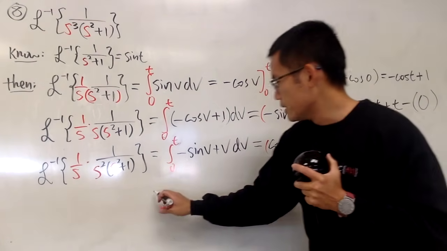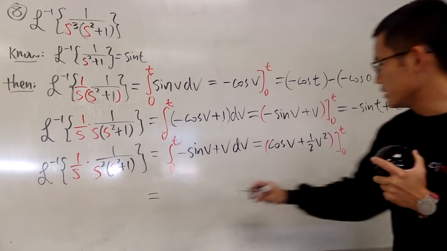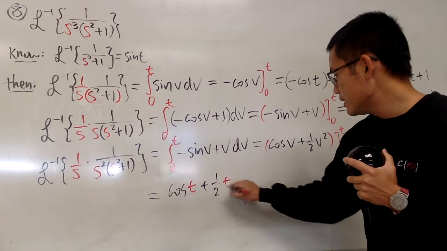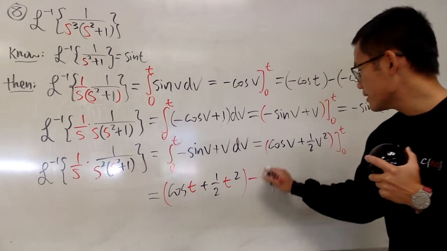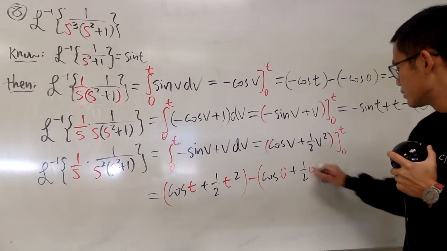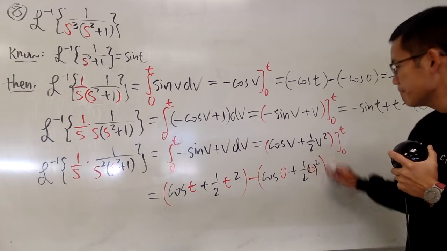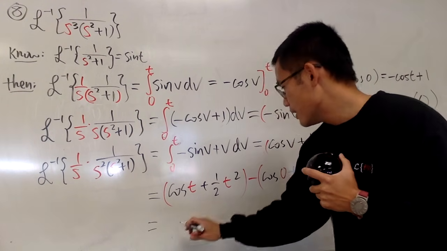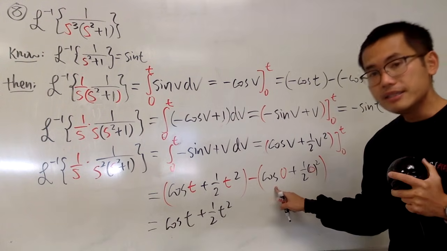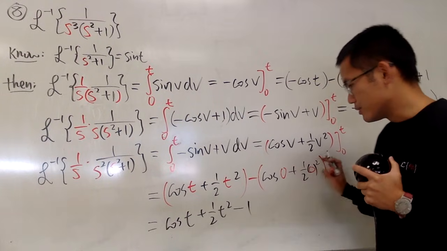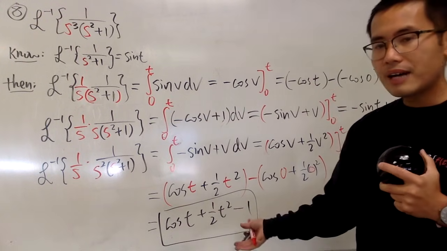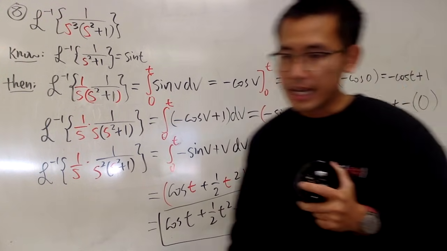Plugging t, first we get cosine t plus 1/2 t squared. This is the first portion, and then minus the second portion: cosine 0 plus 1/2 times 0 squared. So finally, we have cosine t plus 1/2 t squared, minus 1, and the rest is 0. So finally, the answer is cosine t plus 1/2 t squared minus 1.